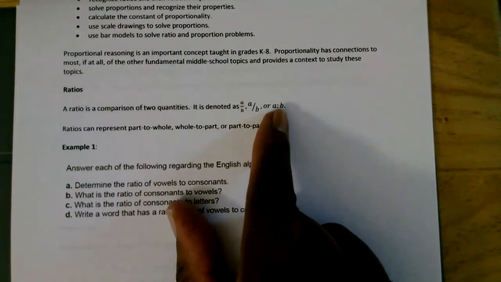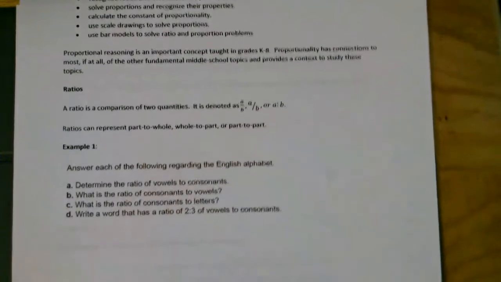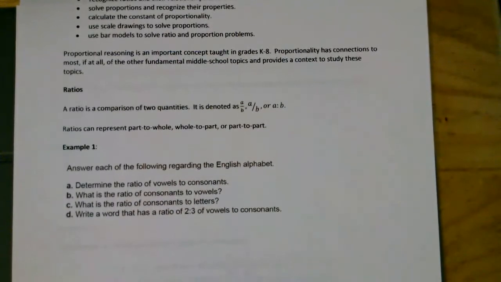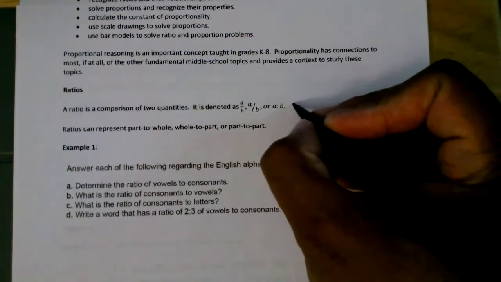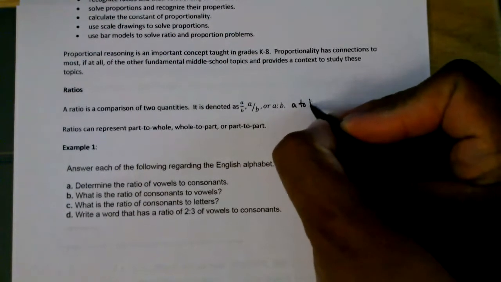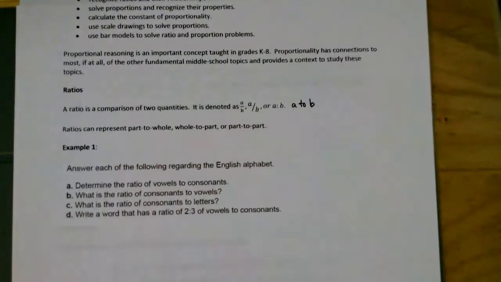And then they also use a colon in between the A and the B. Sometimes they use the word to, like A to B. And by the way, that's what that colon represents between the A and the B, A to B. And ratios can be represented in three ways. One could be part to whole, or whole to part, or part to part.